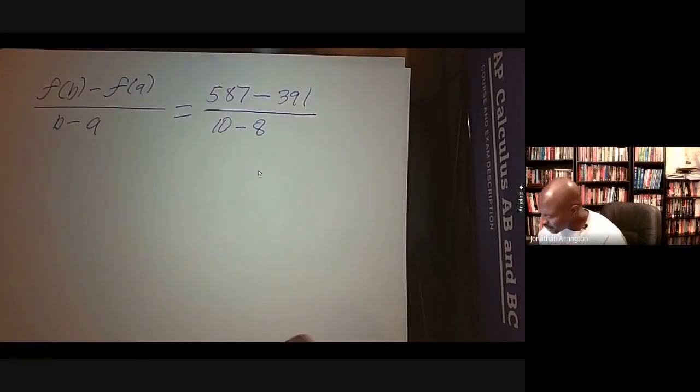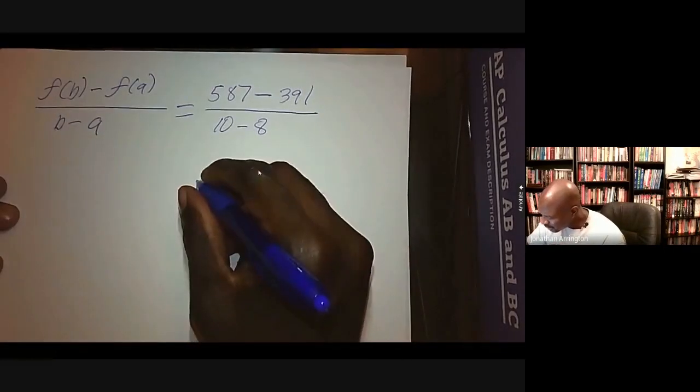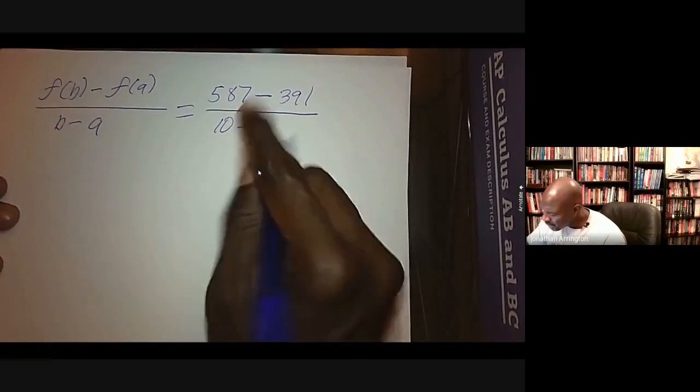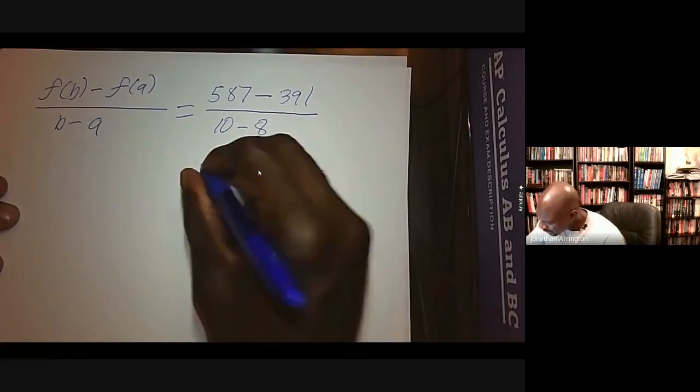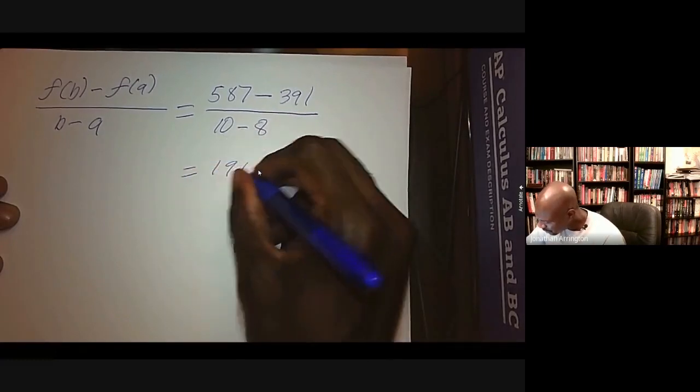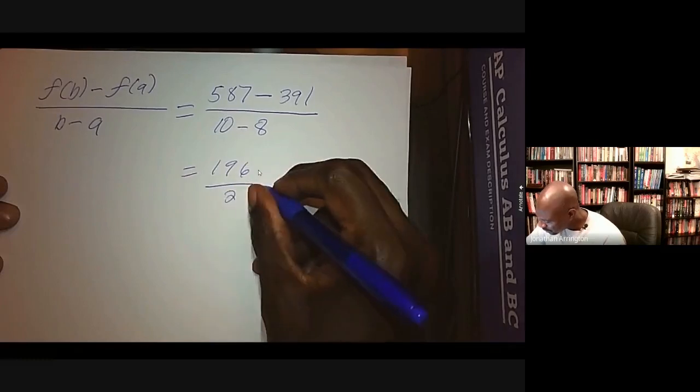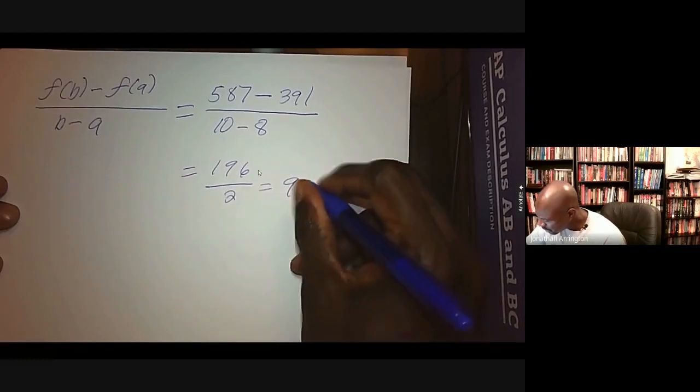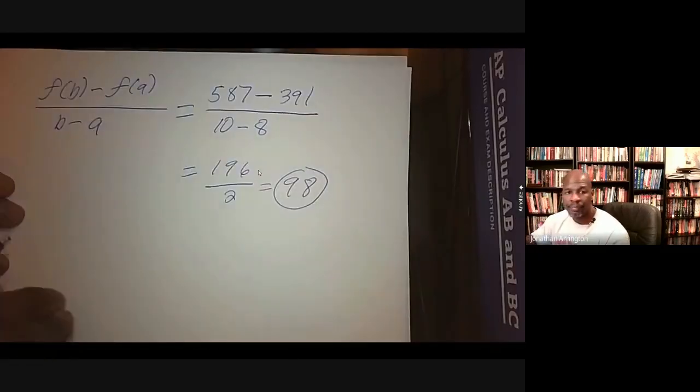And from there, we'll just do our little arithmetic. Looks like this is 186. That looks to be 186, correct? No, 196. That's 196 over 2. So I believe that should equal 98.